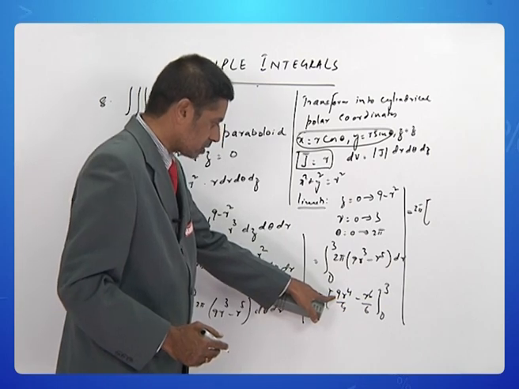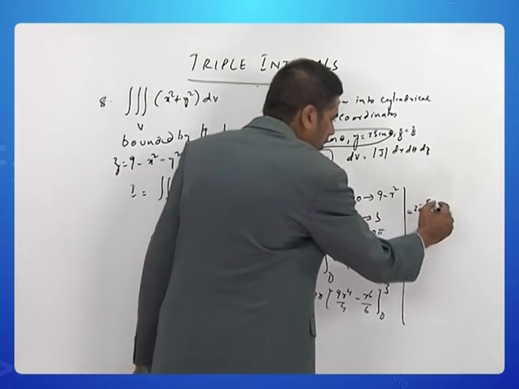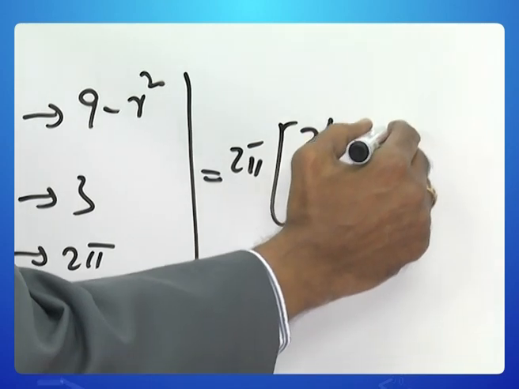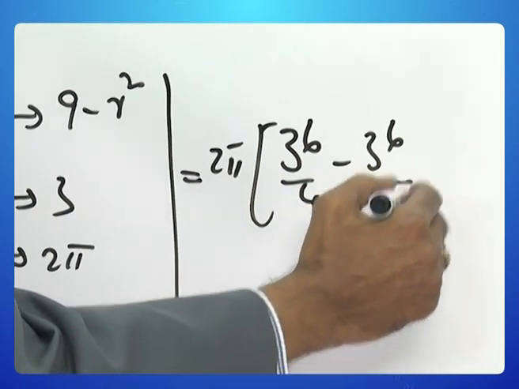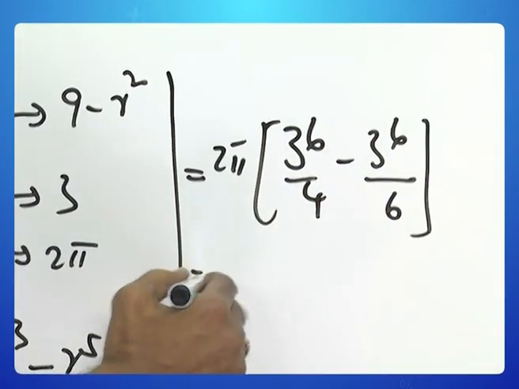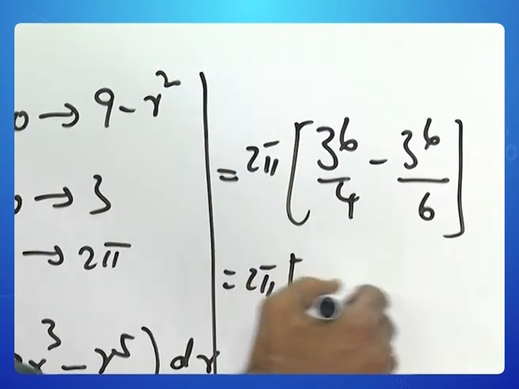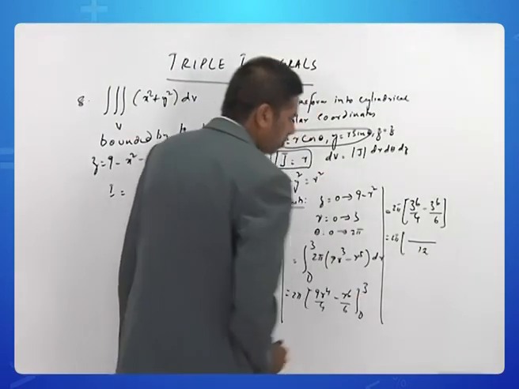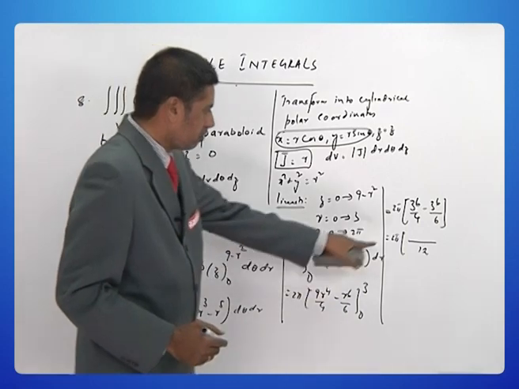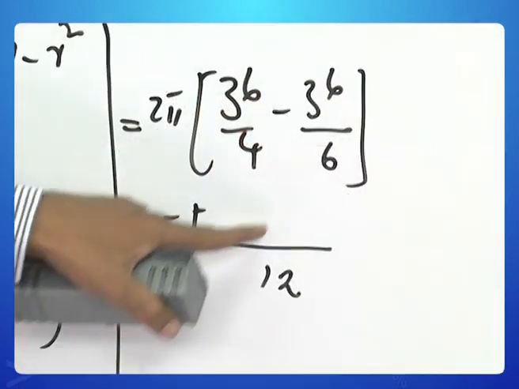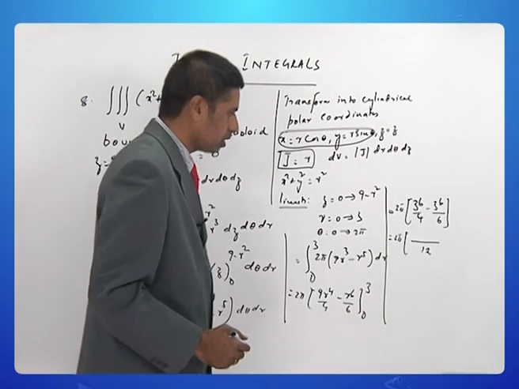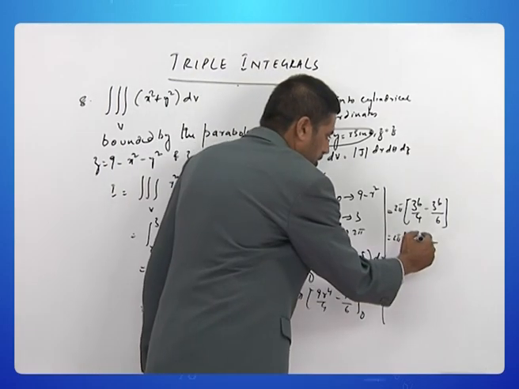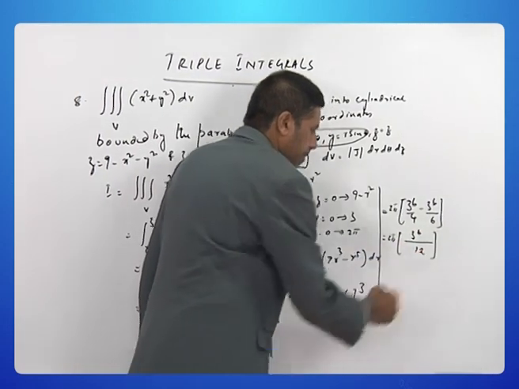So that will be 3 power 6 by 4 minus 3 power 6 by 6. So this will be 2 pi, 12. 4 goes 3 times, 6 goes 2 times. So 3 minus 2 is 1. So we'll get 3 power 6.